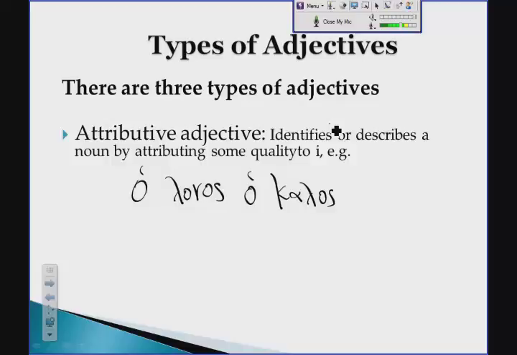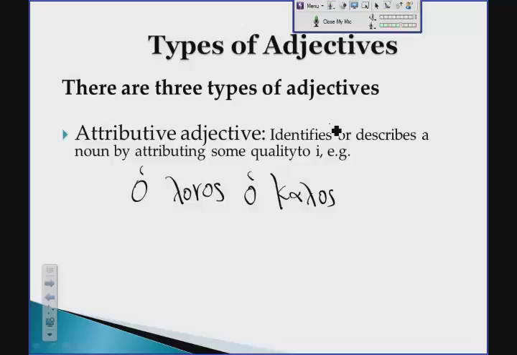What is the theory behind it? Just listen to me now. The theory behind writing an attributive adjective is the noun and its article. The adjective and its own article will always be there.